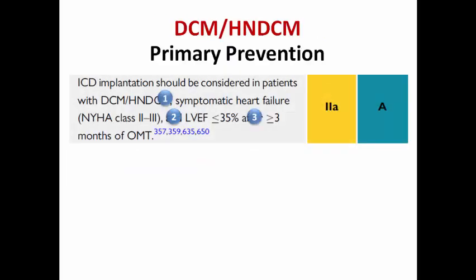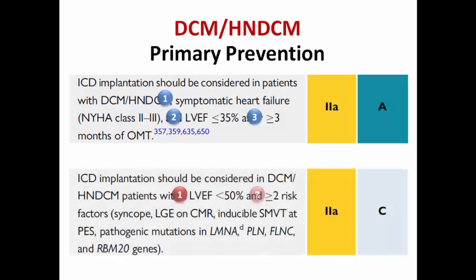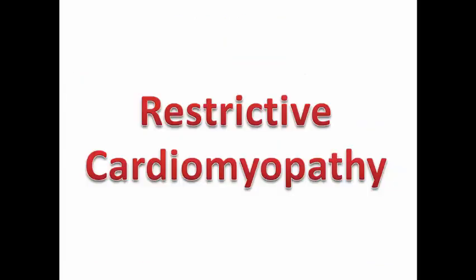ICD is indicated for primary prevention in those with symptomatic heart failure, ejection fraction less than or equal to 35%, with more than or equal to 3 months on optimized medical treatment, and also in those with ejection fraction less than 50% and 2 or more risk factors like syncope, late gadolinium enhancement on CMR, inducible VT at programmed electrical stimulation, or the famous pathogenic mutations. Let's move now to restrictive cardiomyopathy.